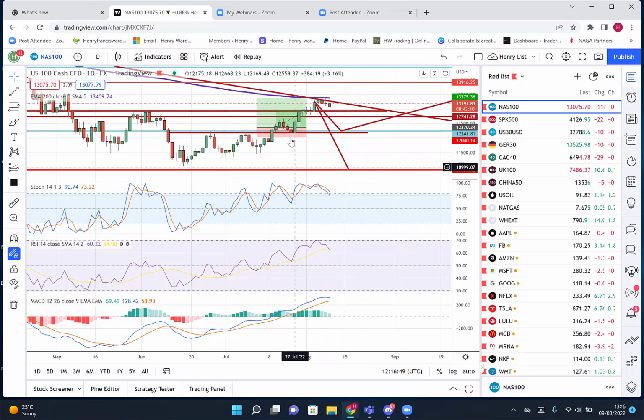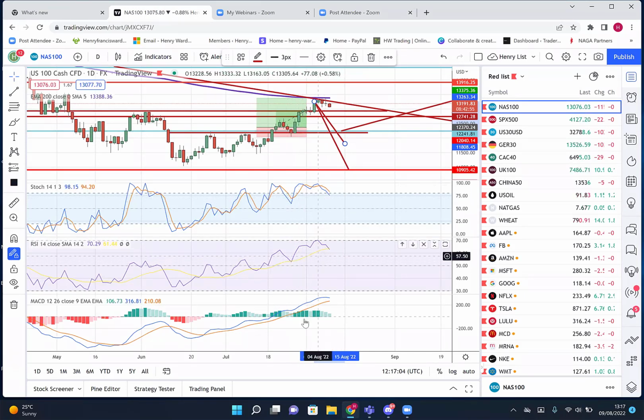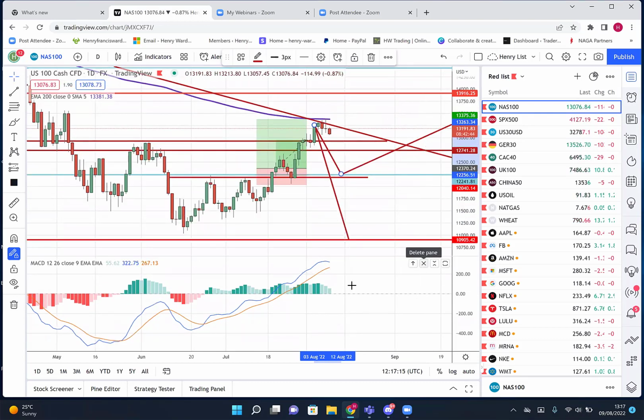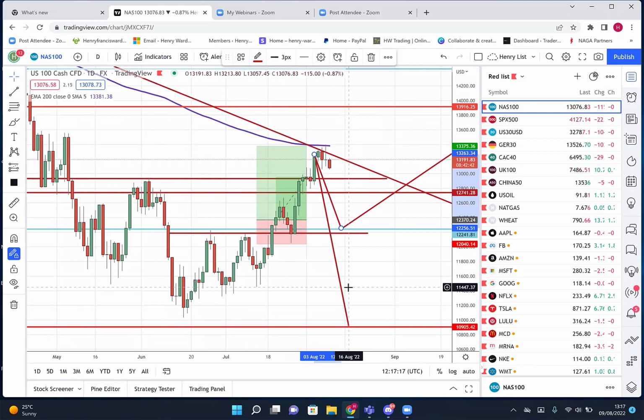But if this low takes out this, so it comes down to here, or actually comes down a little bit further, just say about there, and it's now a lower low, and if this continues making lower lows, there's more sellers in the market than buyers. But again, I don't massively read into the likes of indicators, but it's a good thing to know and understand what's going on.